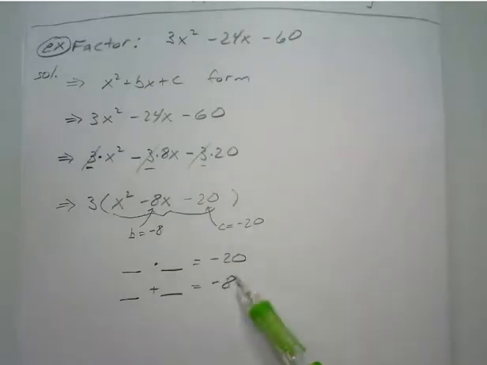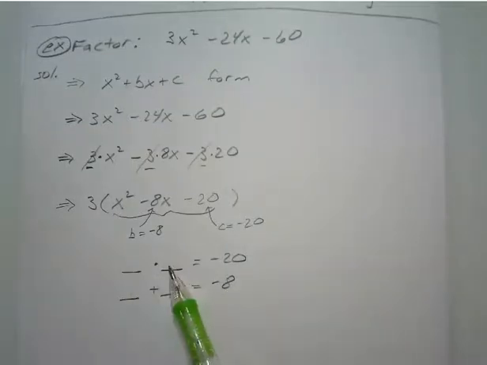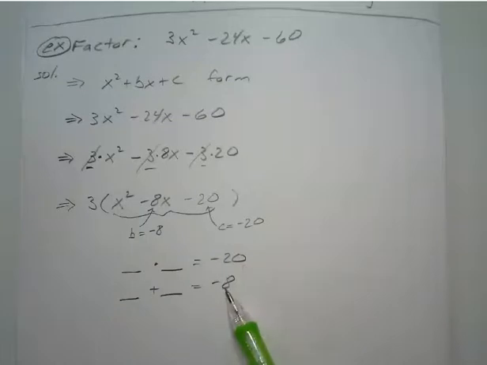For negative 20, since our multiplication is negative, we know that 1 has to be positive and 1 has to be negative, because they have to have different signs if they multiply and give you a negative number. Now we can always look at what we add. If that's negative, then from the 2 numbers we multiply to get negative 20, the larger number will be negative, because when you add them together to get a negative number, the larger absolute value would have to be negative.